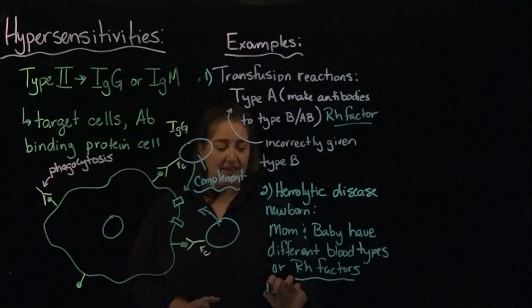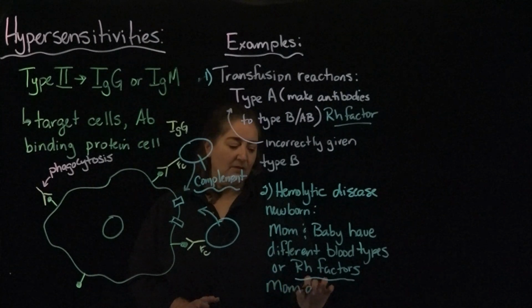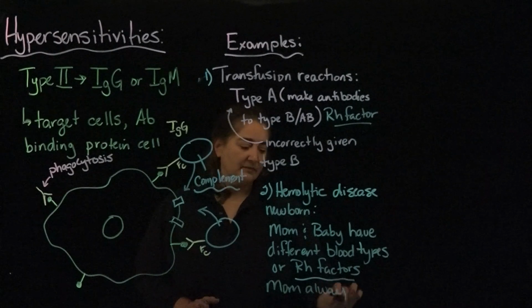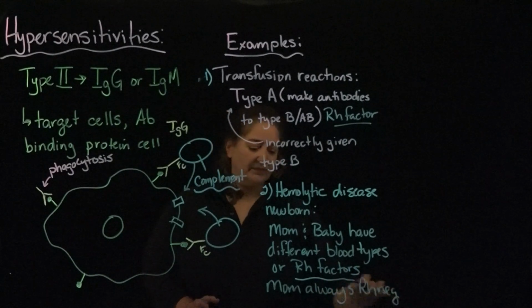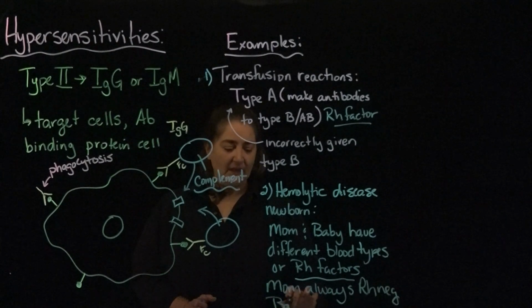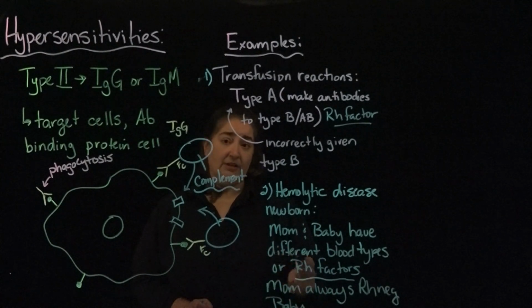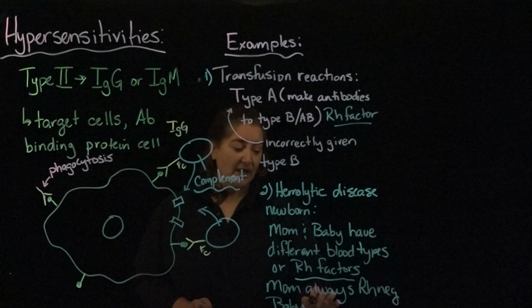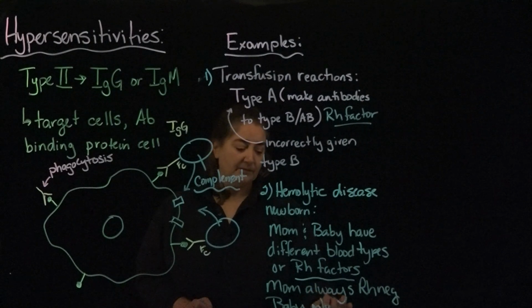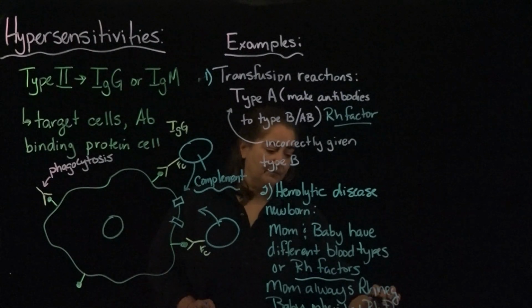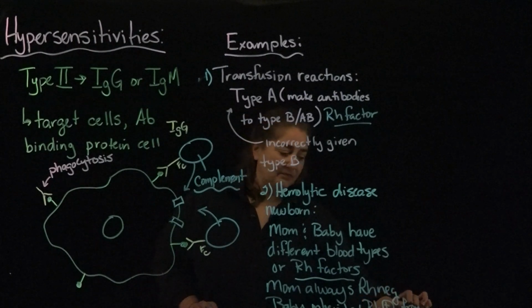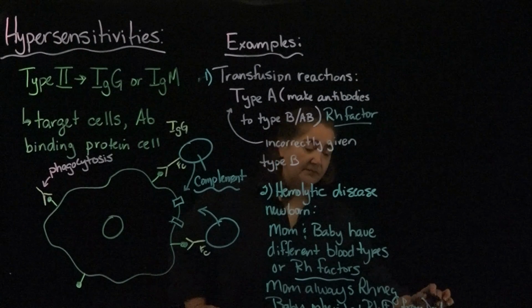In this case, mom is always Rh negative. Baby inherited an Rh positive from the dad.